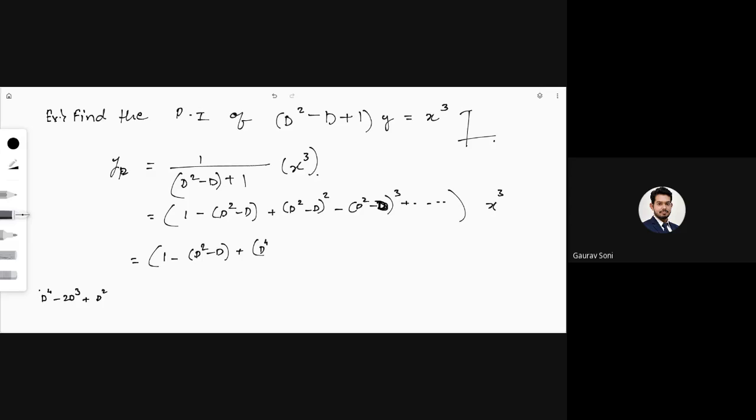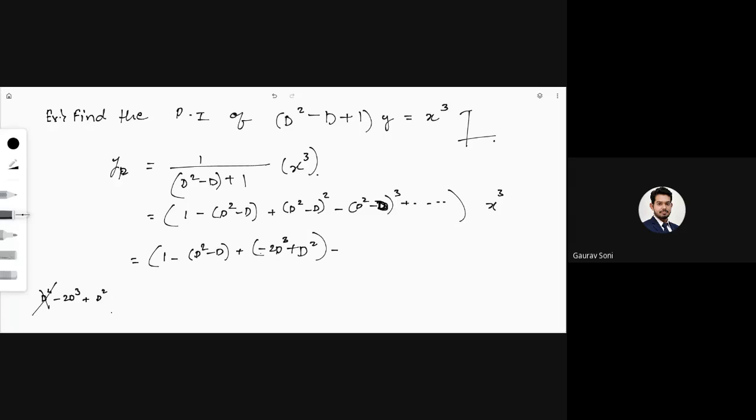So D raised to 4 won't be there. Only 3 derivatives will survive, and the fourth is 0. So that will be minus 2 D cube plus D square minus a cube.